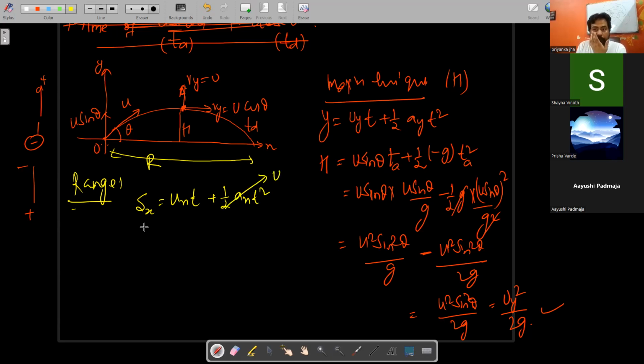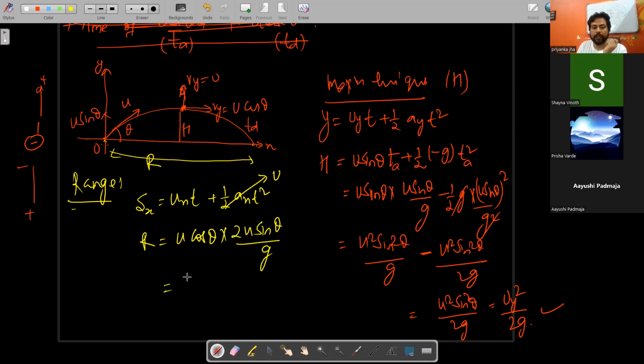And this displacement along x-axis is known as range. That is ux, which is u cos theta, into the time taken in the complete motion. The time taken by this particle to come from here to here along this path would be the same as the time taken to cover this displacement. So this time taken is time of flight, and that is 2u sine theta upon g.